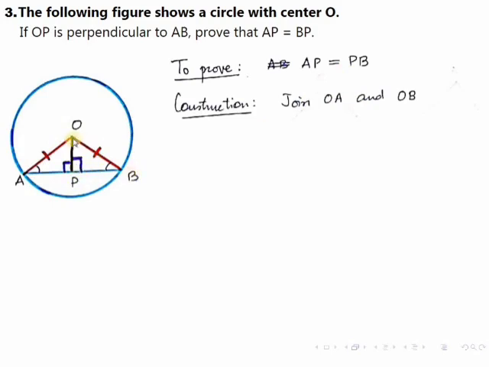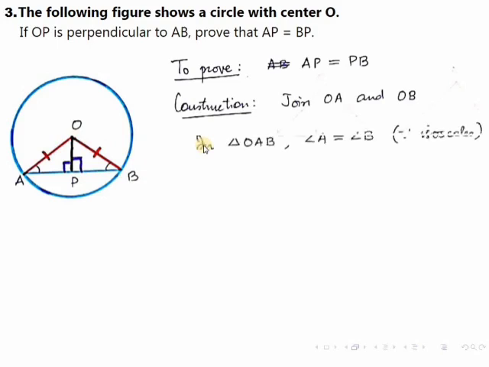Now tell me what kind of triangle is this, OAB? This is going to be an isosceles triangle, because this side and this side are equal to each other. They are the radius. So sides OA and OB will be equal to each other, right?